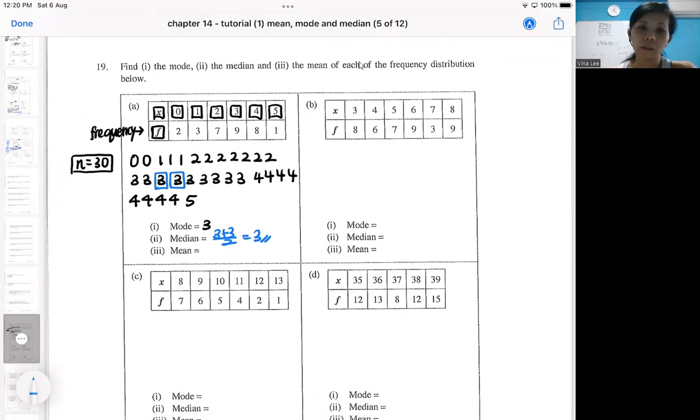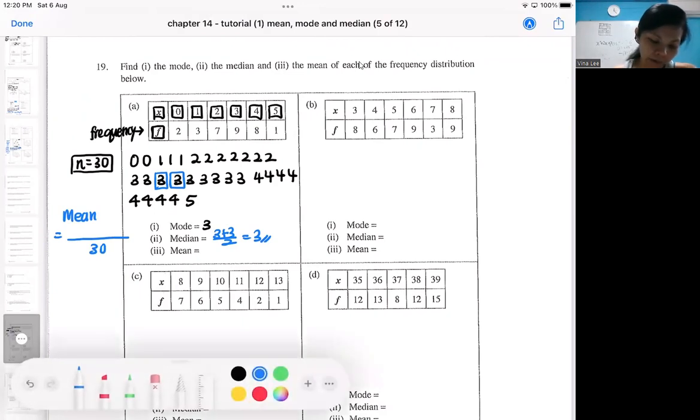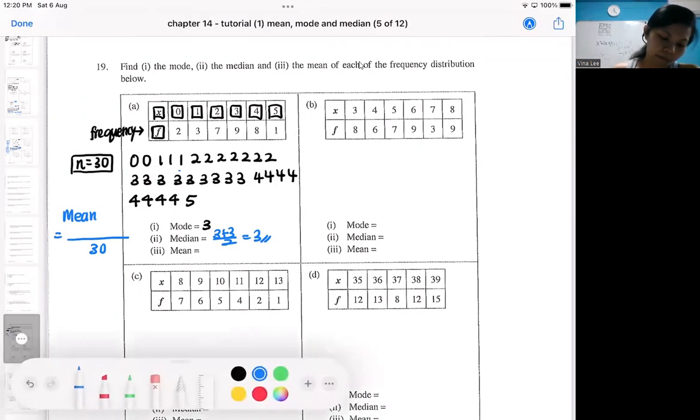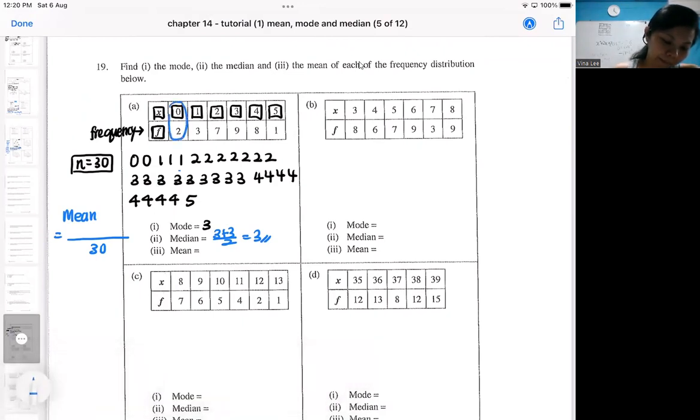For the mean, you gotta add up the total and then you gotta divide by 30. So how are you gonna add up? Again, you're gonna add up in groups. So it's easier if you add up in groups. So you multiply them, multiply them, multiply them.